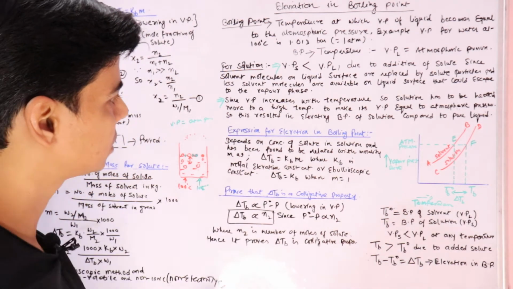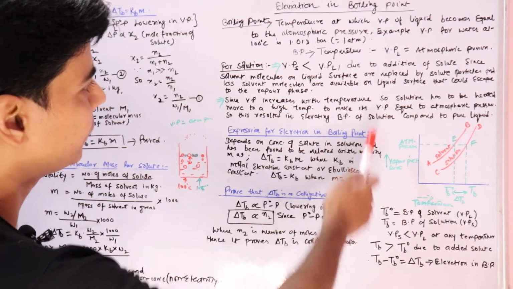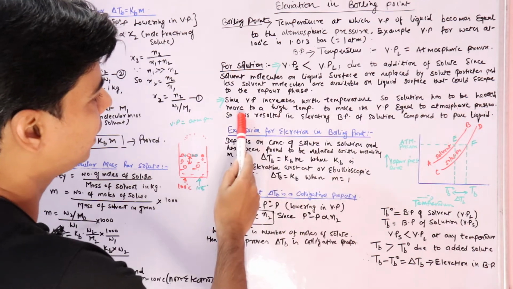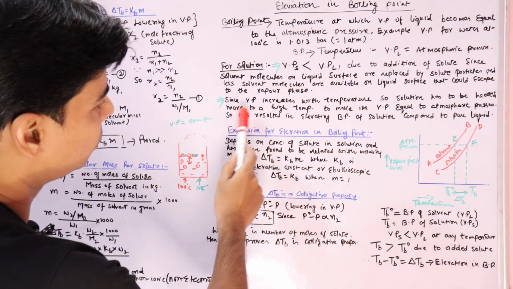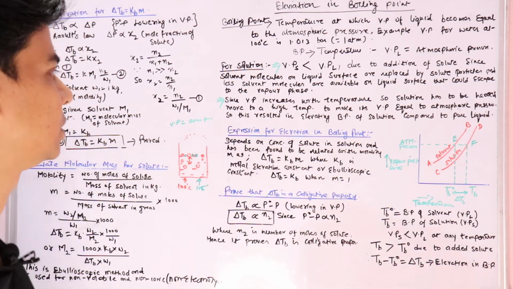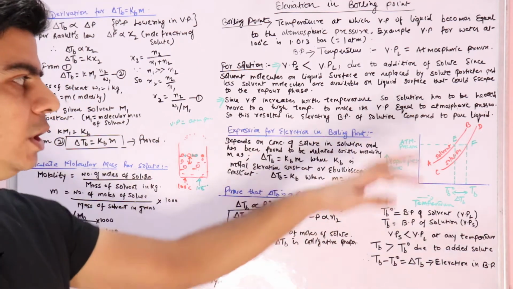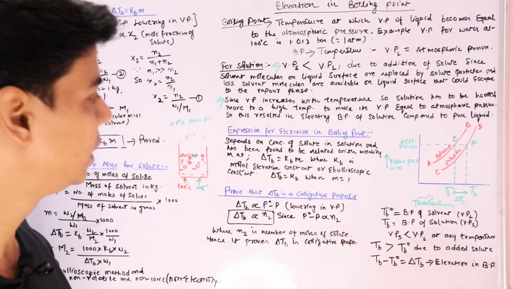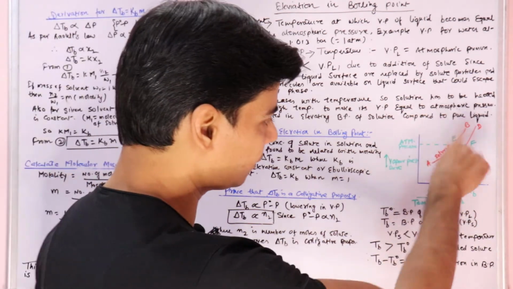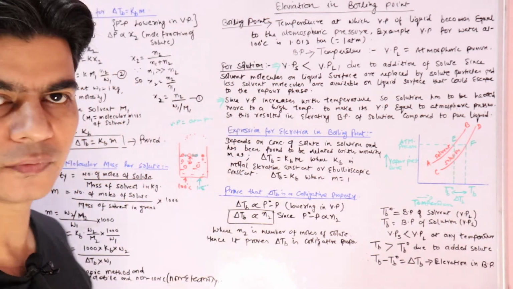So this is what we have already learnt, that since vapor pressure increases with temperature, the solution has to be heated to a high temperature to make its vapor pressure equal to atmospheric pressure. So this resulted in elevation of boiling point compared to the pure liquid. Now the same can be seen from here. This is the graph that explains exactly what we have learnt.